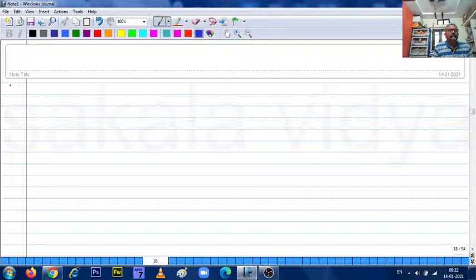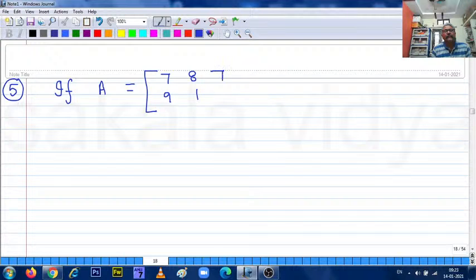Now fifth question. If A equals 7891, then find A square.